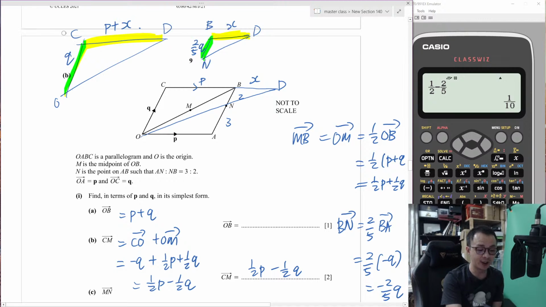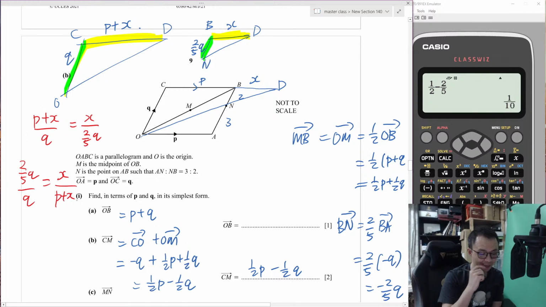So this is what I would do. P plus X over Q equals X over 2 over 5Q. Then I will just move around. 2 over 5Q over Q equals X over P plus X here. This one I simplify, then I will just move it back.